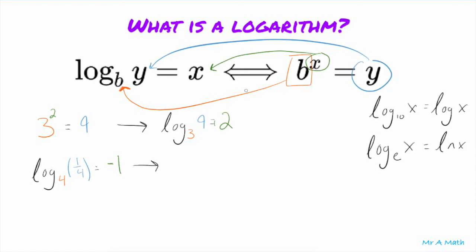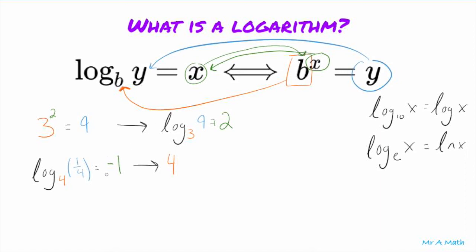Now, let's reverse this process from before. My base down here, the 4, is going to be the base of my exponent. So 4, and now we're wondering what power we need to raise 4 to get 1 over 4. The answer that my logarithm gives me is ultimately the exponent that I have to raise my base to.